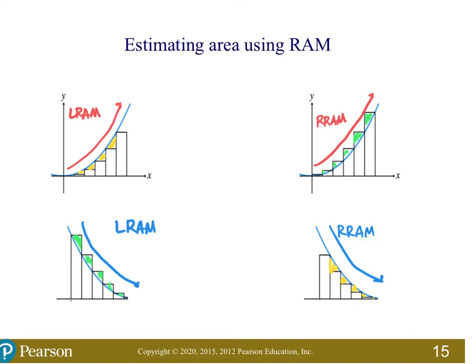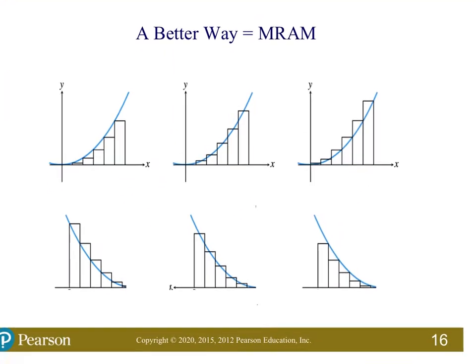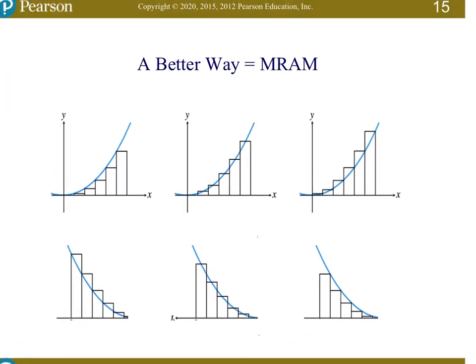So we're going to add a third approach, a better way, called MRAM. And MRAM stands for middle or midpoint. And so this is in the center here. And so you can see that part of the rectangles are still above the curve, which means that part's too big. But another part of the rectangles are under the curve, which is too small, and that balances each other out and we get a much more accurate picture.